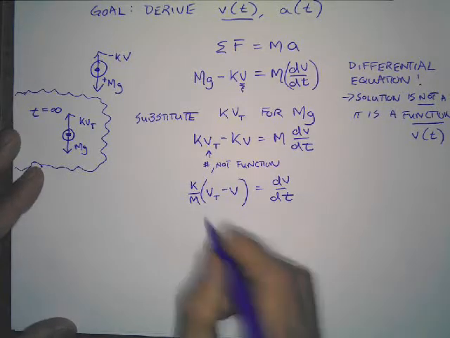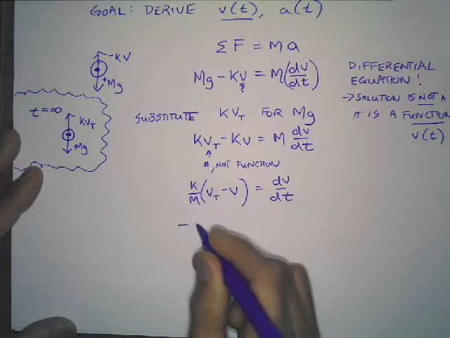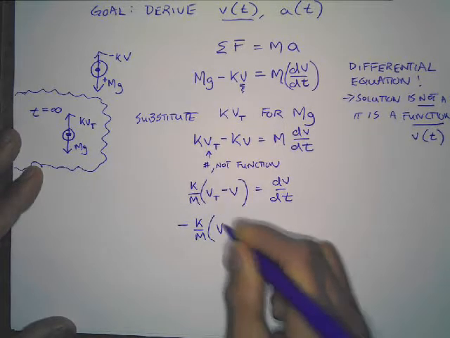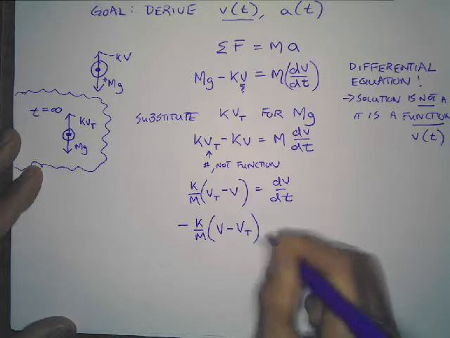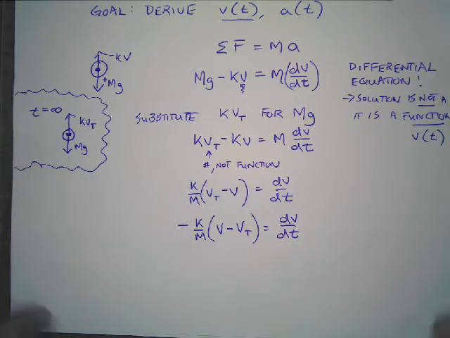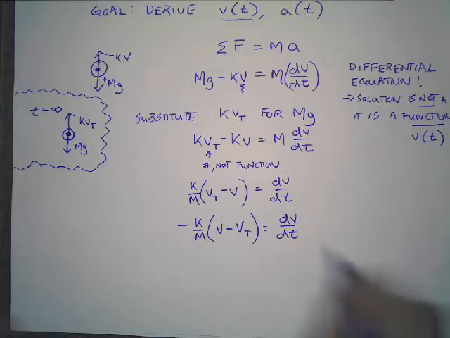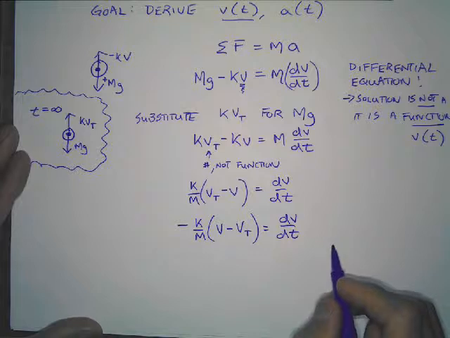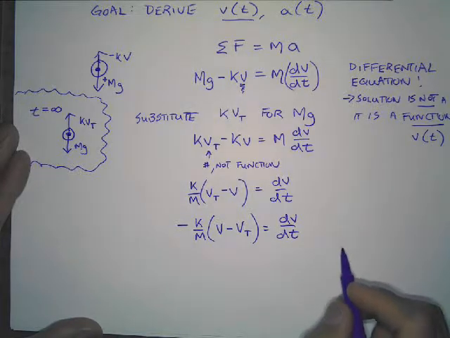The second thing I'm going to do is take a negative out here. And again, just trust me on this one for now. I want to have this in the form of v minus vt. Okay. And so this is the form that we want to basically put the differential equation into.